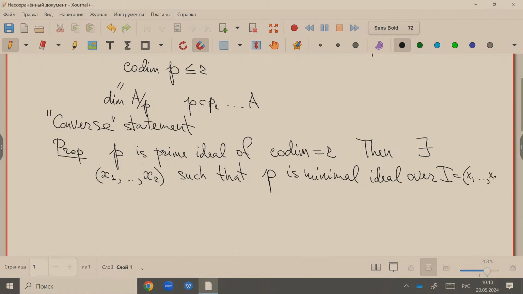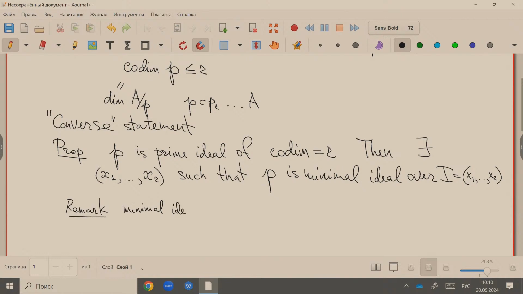So what does it mean for us geometrically? This has the following interpretation. First of all, note, as we have learned, that minimal ideals containing I are exactly the minimal associated ideals.